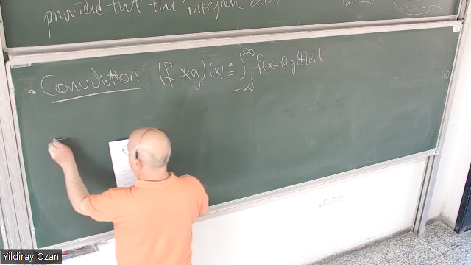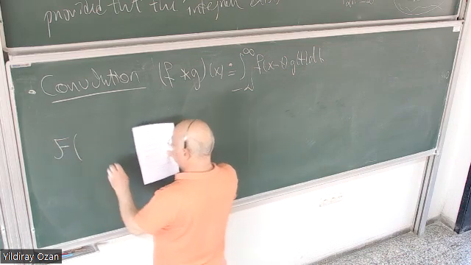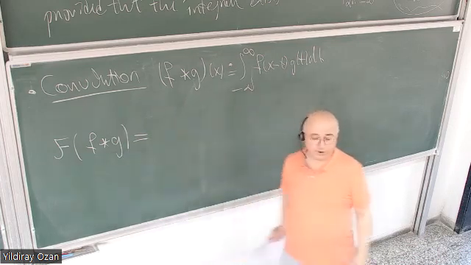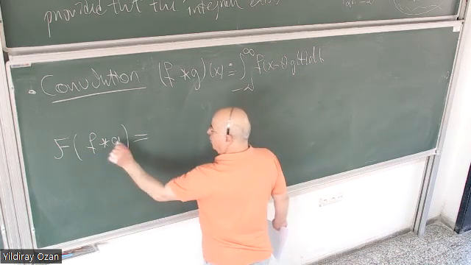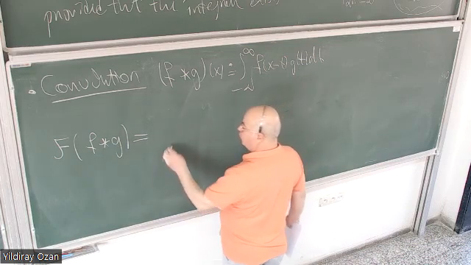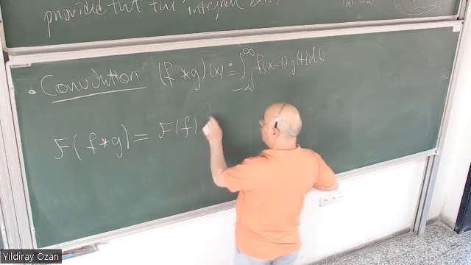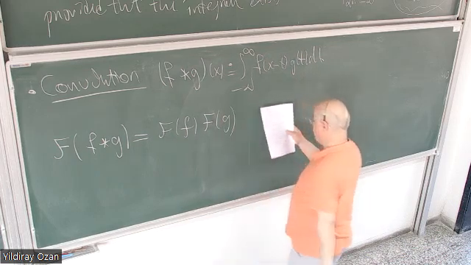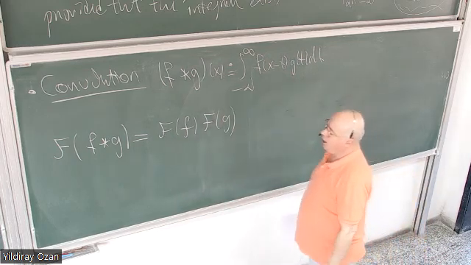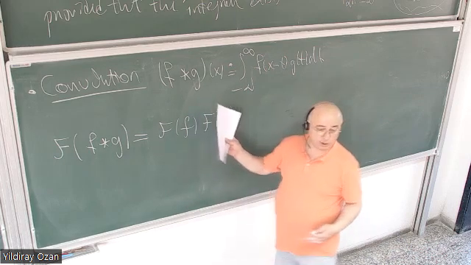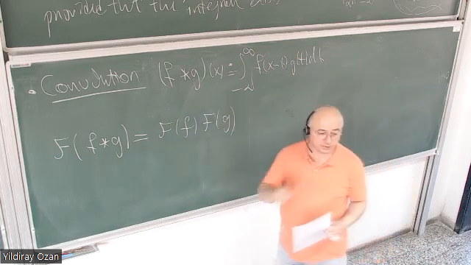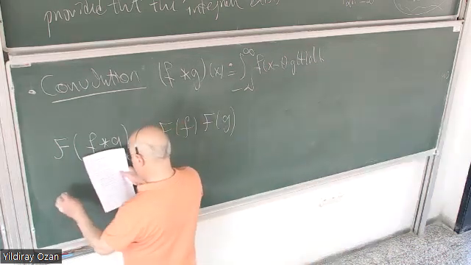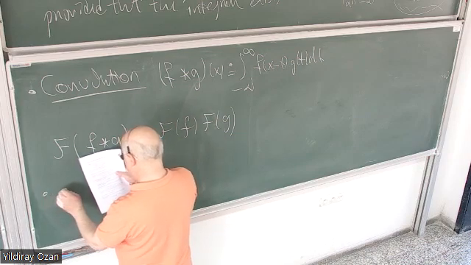And the relation between convolution and Fourier transform is this. Fourier transform of the convolution is just the product of the Fourier transforms. And the proof is just similar to what we have seen in ordinary differential equations for Laplace transform. The same proof. So it's not something new.